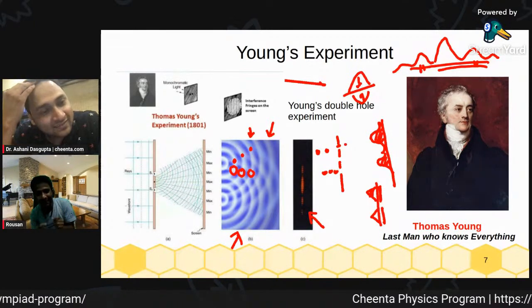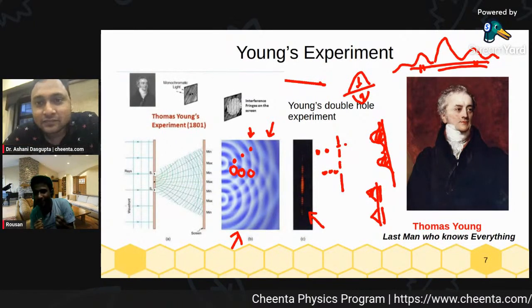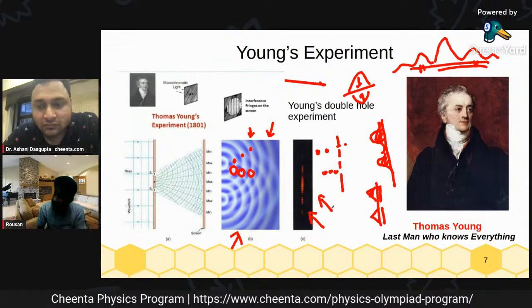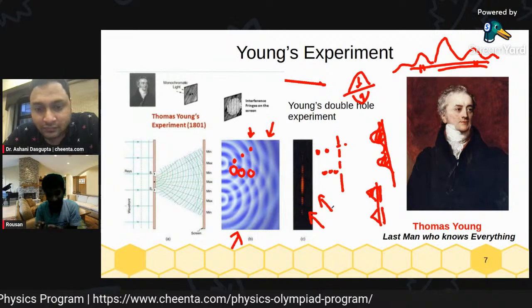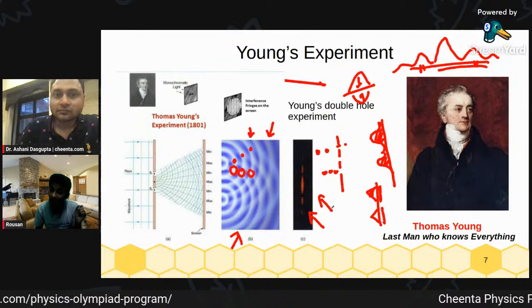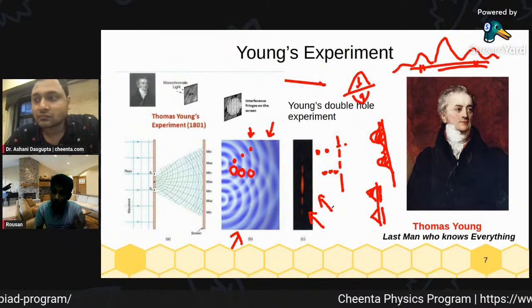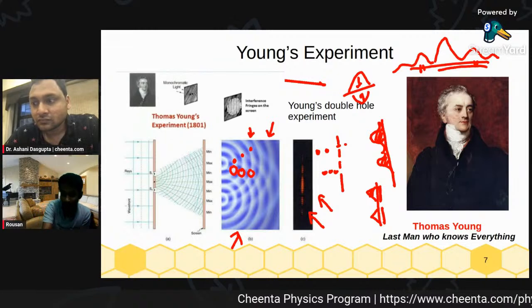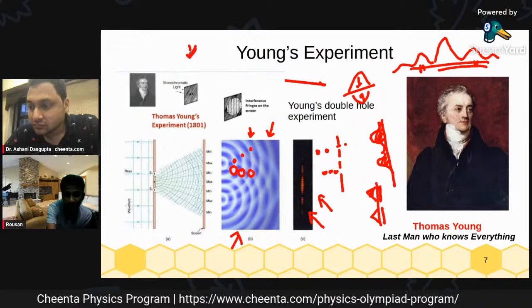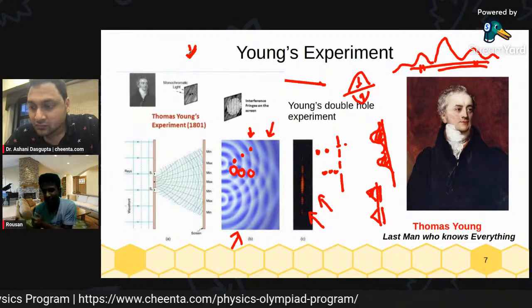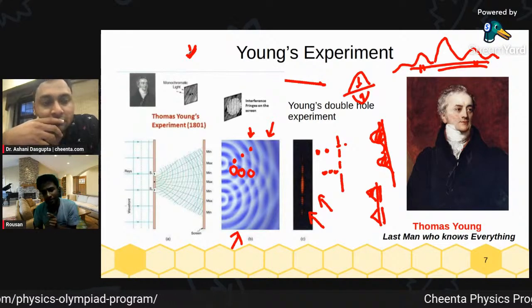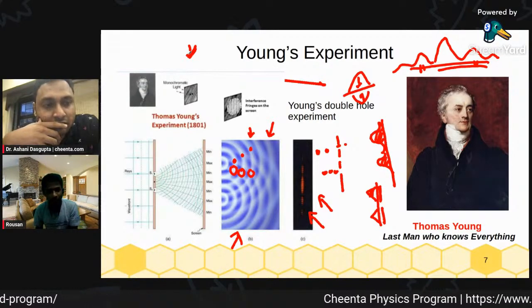Whenever we perform this experiment and see this type of pattern, it must suggest that the object is a wave, because only waves can bend. Like I said, diffraction is where waves bend. So it is becoming obvious that light shows diffraction and interference, so it must be a wave.